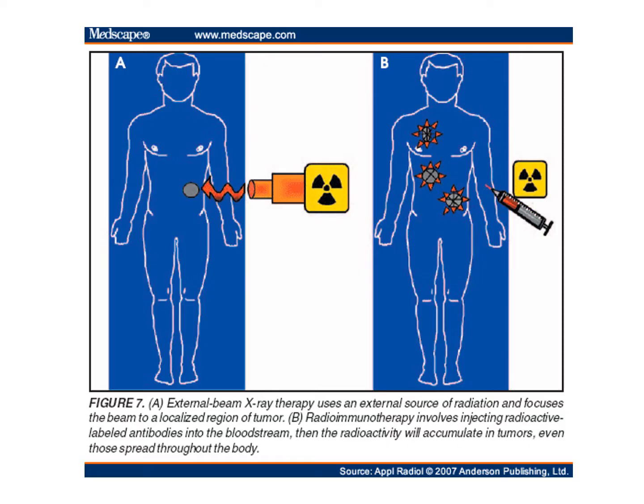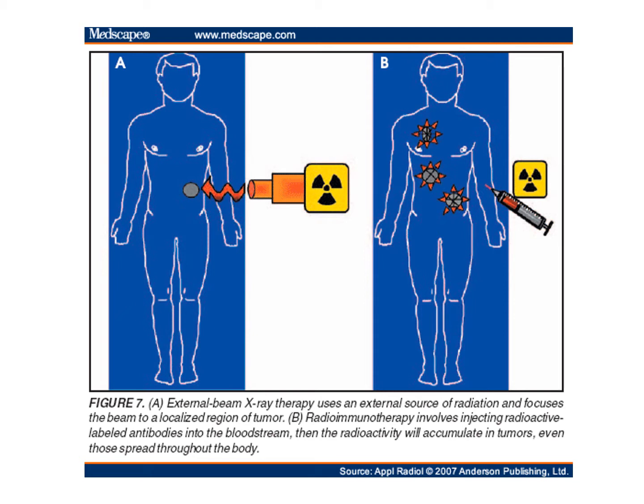So in this picture, I would say that you are able to differentiate external beam X-ray therapy compared to our nuclear medicine therapy. On the left, figure A is the external beam X-ray therapy that uses an external source of radiation and focuses the beam to a localized region of tumor.